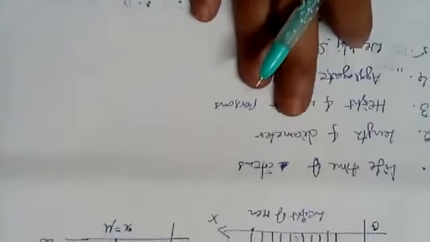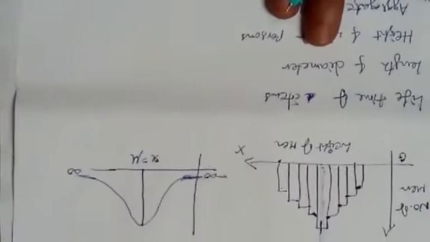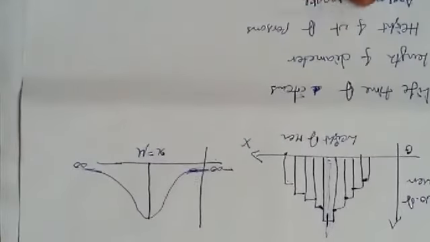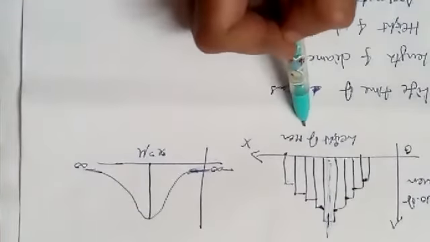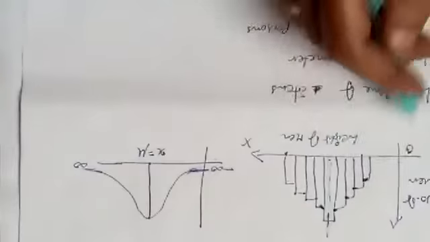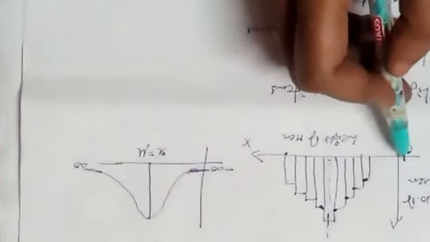Next, one example for this normal distribution is taken as weight of men on the x-axis, number of men on the y-axis.